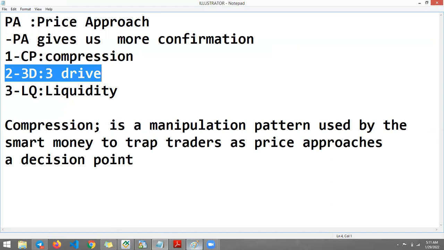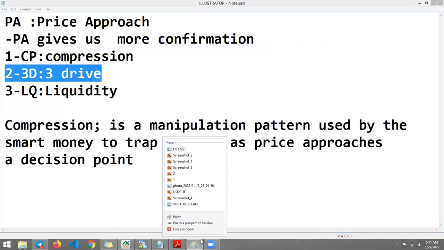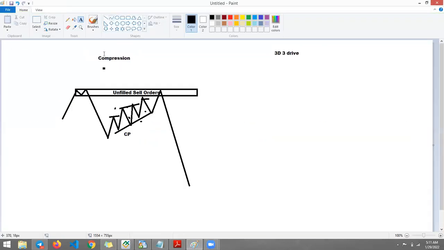So now for the 3D, it's similar to the compression, but differs slightly. So now here we shall have a decision point. A decision point, right? That's our decision point. So along that decision point, we have unfilled sell orders.